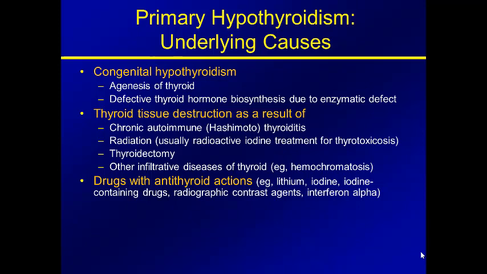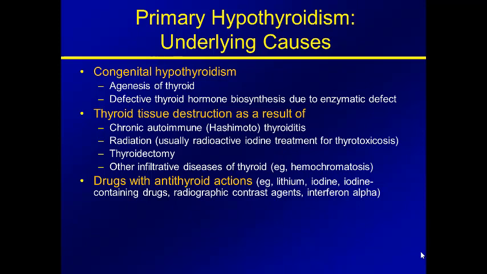Here, primary hypothyroidism can be caused by some different underlying causes, like congenital hypothyroidism, agenesis, and defective thyroid hormone biosynthesis due to enzymatic defect. Sometimes it is tissue destruction itself. Thyroid tissue is destroyed from thyroiditis, other autoimmune diseases like chronic autoimmune thyroiditis, like Hashimoto and other types of thyroiditis.